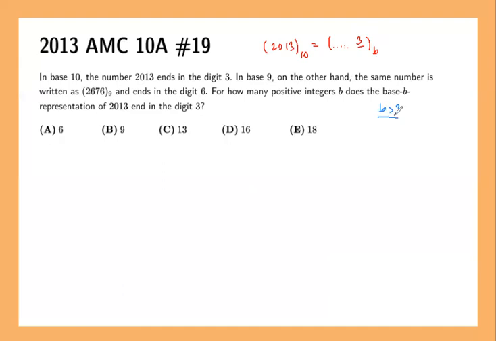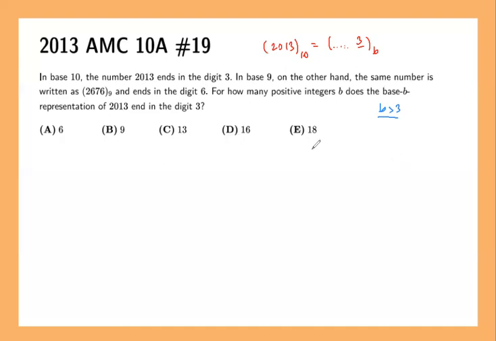You can go with maybe 4, 5, and so on. If it's 4, what is the largest number of digits you could have for base 4 to see if this is going to be equal to 2013 in base 10? So you can say 4 to the 5th power or 4th power and see what is the largest possible number. Then you can go with 5, 6, whatever, all the way to the number that you can actually come up with. That is still a possible way to try, but it's too tedious, and there's no easy way to determine when to stop, right?